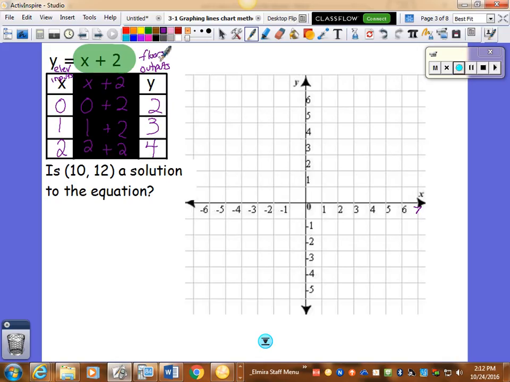So 0, 2 would mean I'm getting on the 0 elevator, and riding it up to the 2nd floor. 1, 3, I'm going in the building, I'm going to elevator number 1, riding it up to the 3rd floor. 2nd elevator, up to the 4th floor.